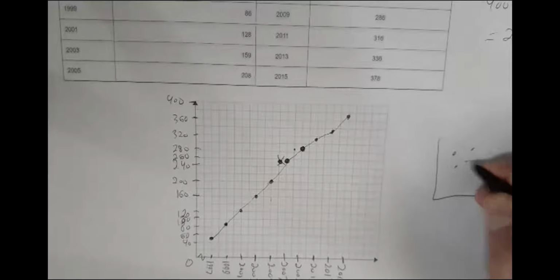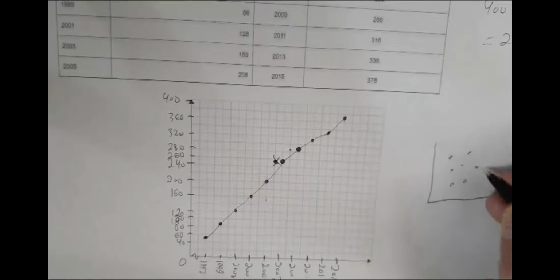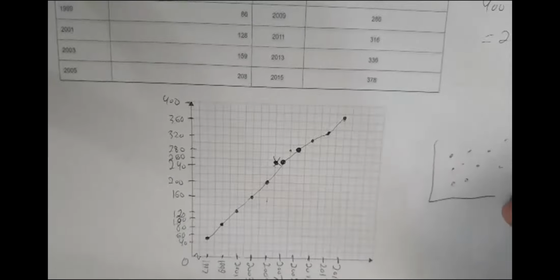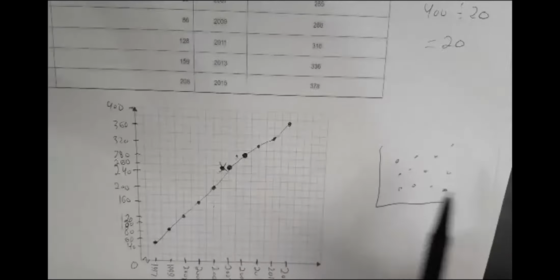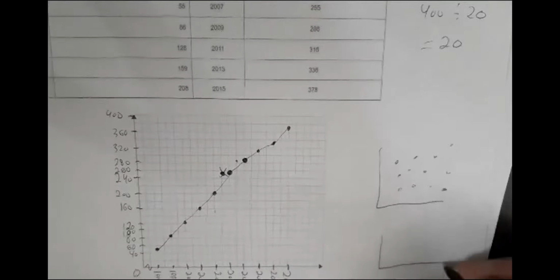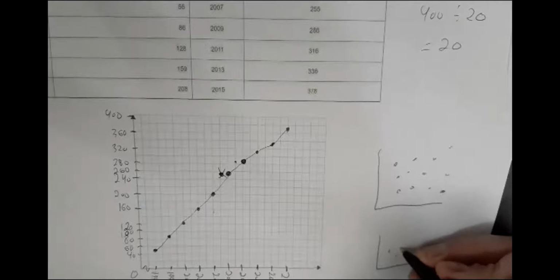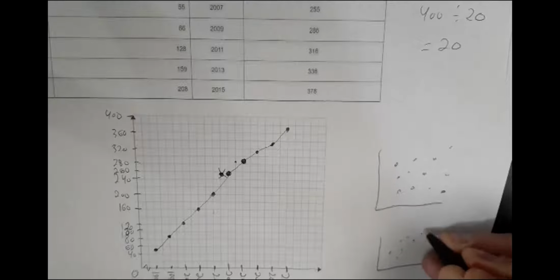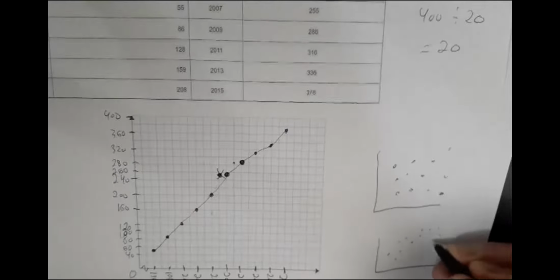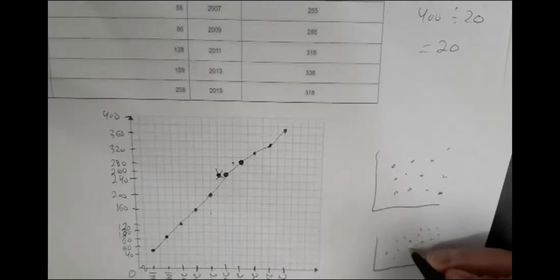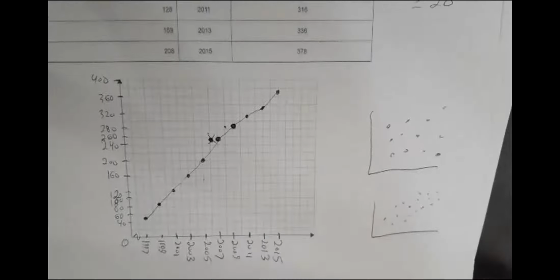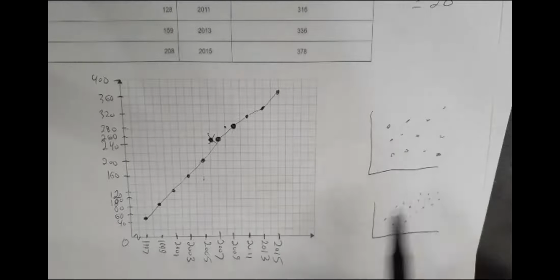We're not going over correlation, but a plot that looks something like this, does that look like a line very much? This, not so much, right?